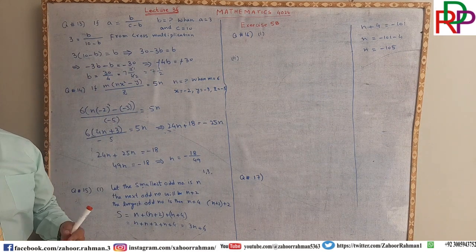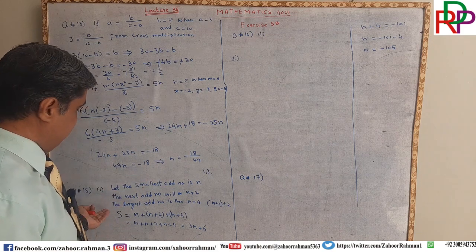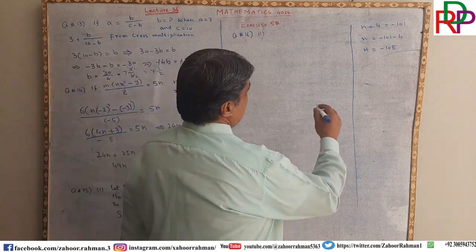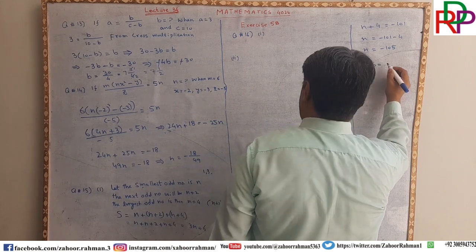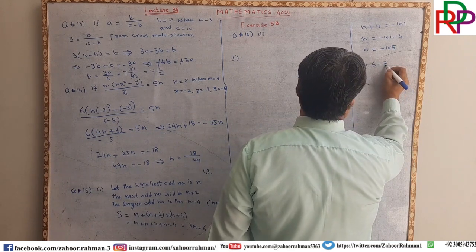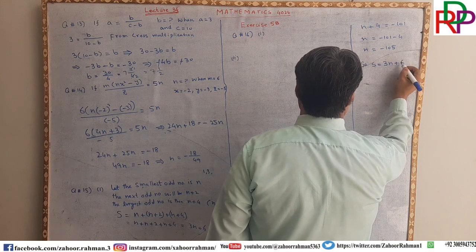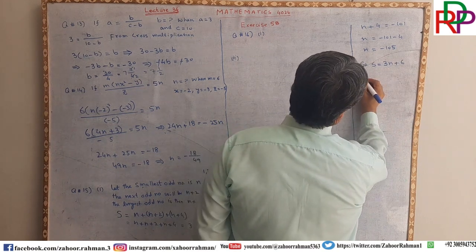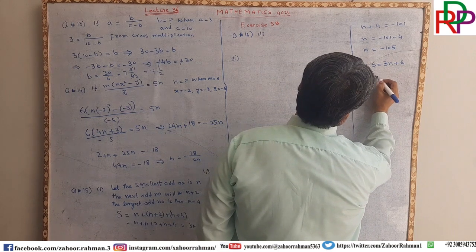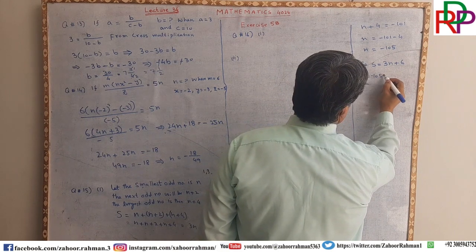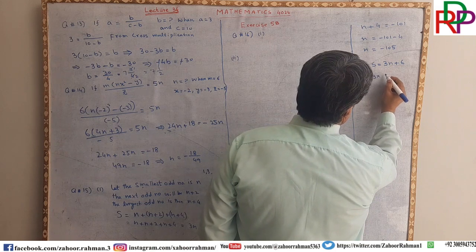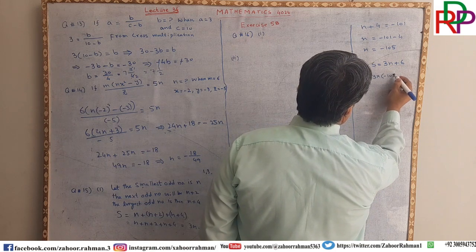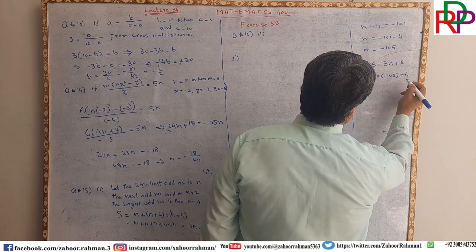And now we have to put those values in the S. So S is equal to, we found it to be 3n plus 6. So S is equal to 3 multiplied by minus 105 plus 6.